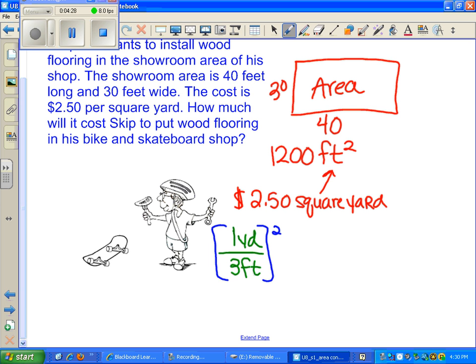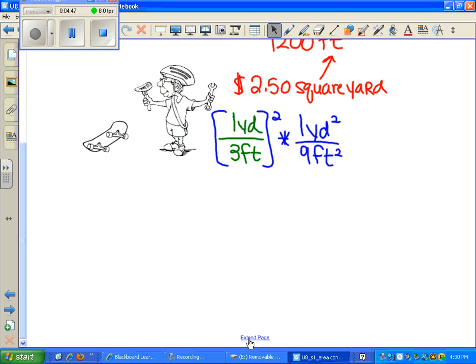What I end up with, well, 1 squared is 1 yard squared, and on the bottom, 3 squared would be 9 feet squared. So the conversion I'm going to use is that 1 square yard is the same as 9 square feet. Let's convert my 1,200 square feet into yards.